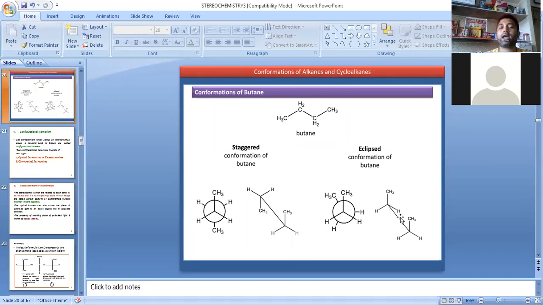Understood? So you might have understood what is staggered conformation and eclipsed conformation. This is Newman projection and this is Sawhorse projection. Understood?